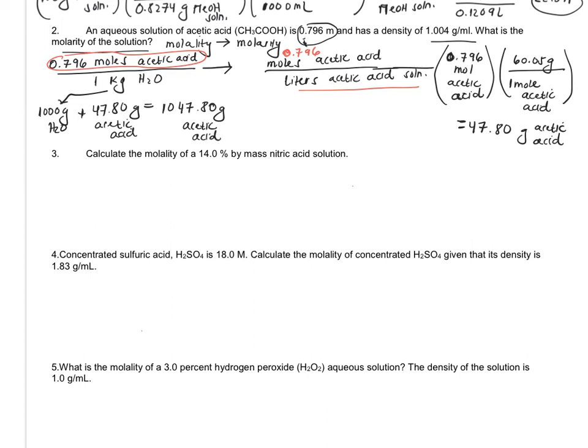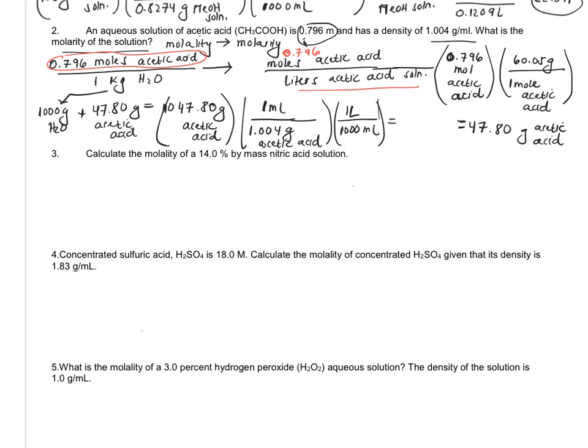I can convert those grams to milliliters by using the density that's given. So I use this and divide by the density, which is 1.004 grams per 1 mL, and then convert the mL to liters.